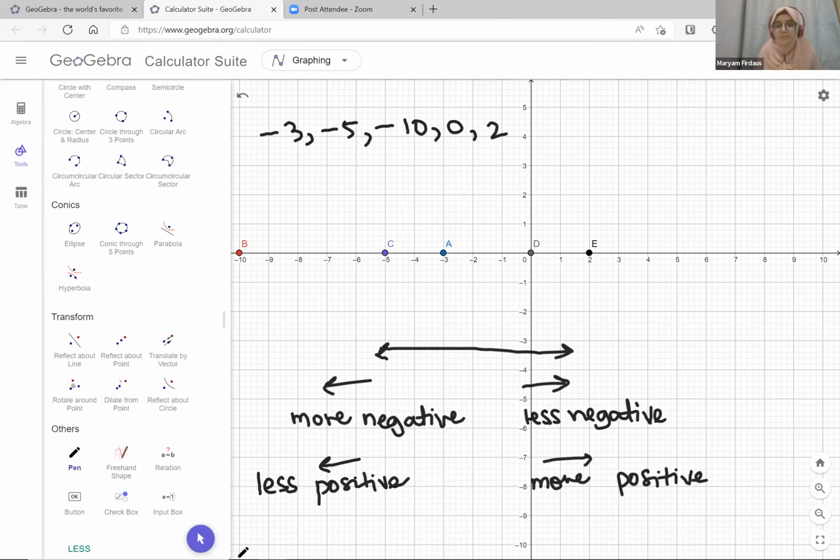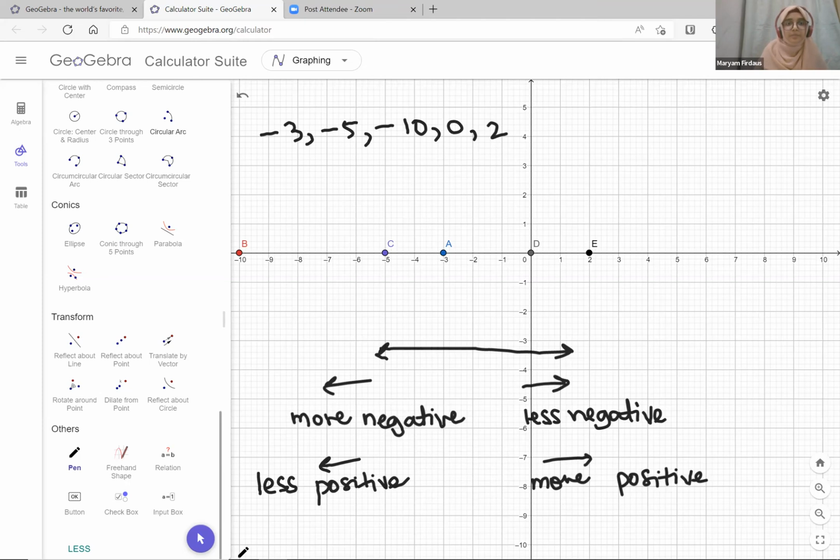Least positive number is -3. Okay, take a look at the points that I have noted on the number line. Which is the least positive? -10. Yes, exactly. And which of these is the least negative number? 2. Right, exactly, that's right.